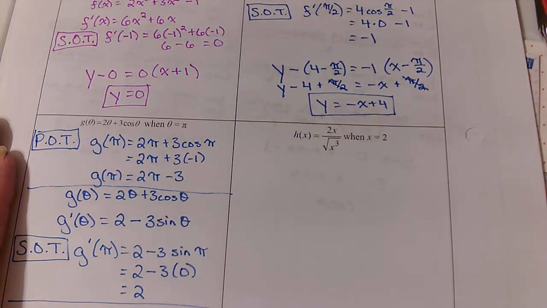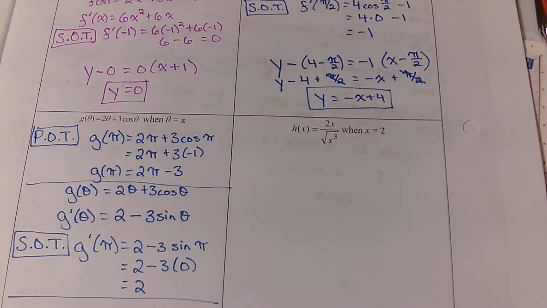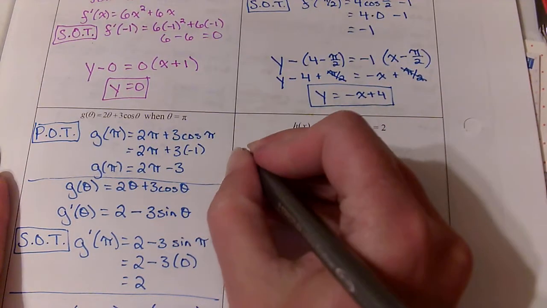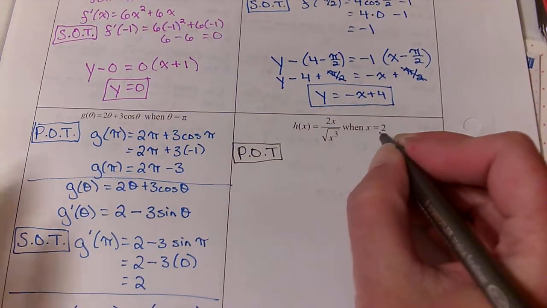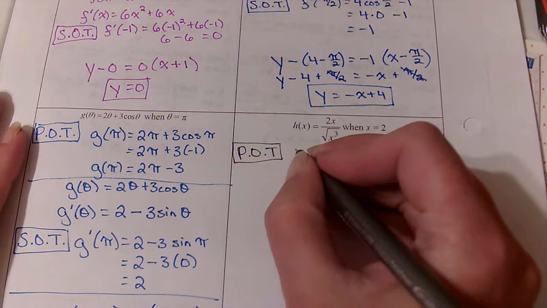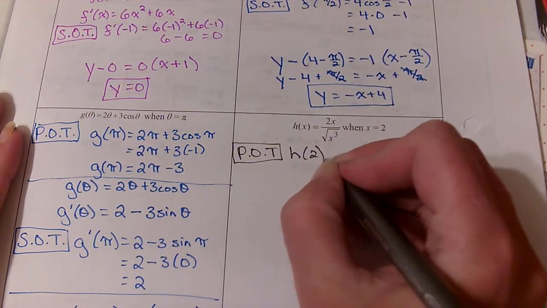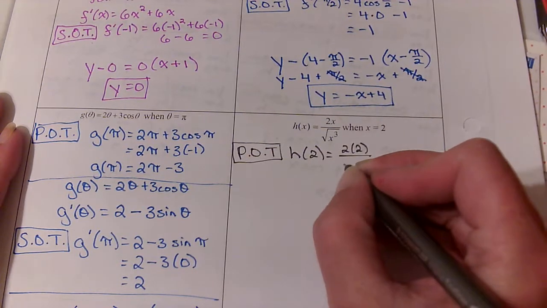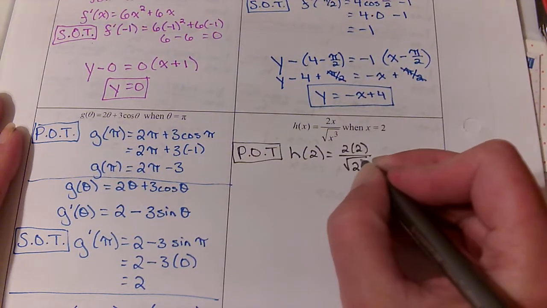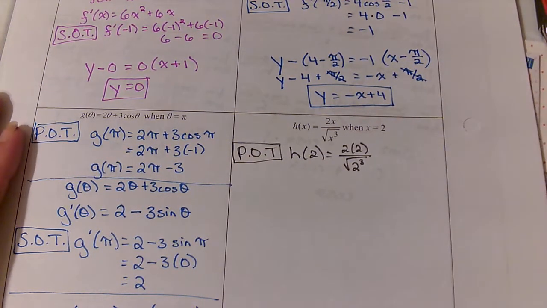H of x equals 2x over the square root of x cubed. That's a lovely problem. Well, first, we need to find our point of tangency. That means we need to plug in x equals 2 into our original function. H of 2 equals 2 times 2 over the square root of 2 cubed.